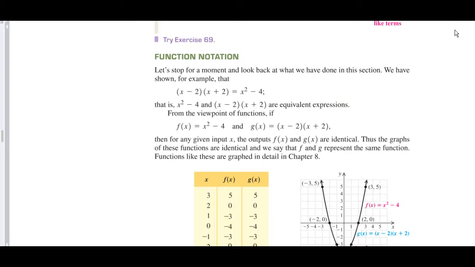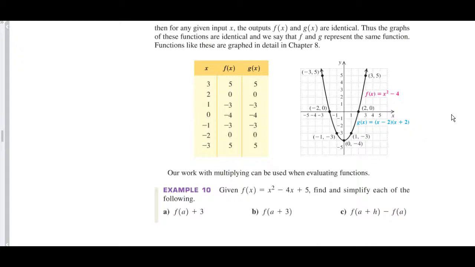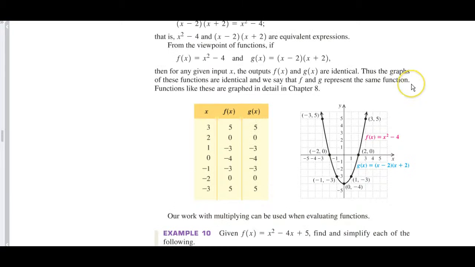Okay, function notation. Here we're saying that this set of conjugates equals that. And they could fit into a graph. If you put that into your graphing calculator, it would look like that. And here they're introducing something that I'm going to take a moment to look at with you. Suppose this were 0.